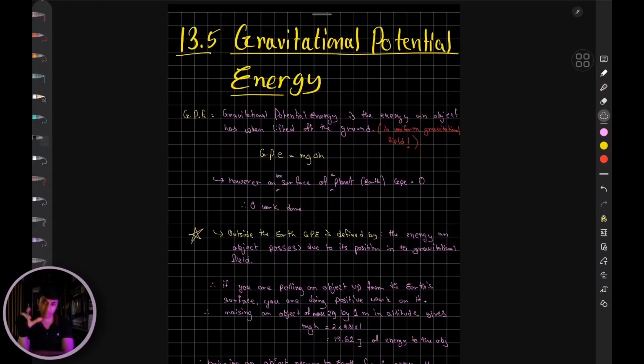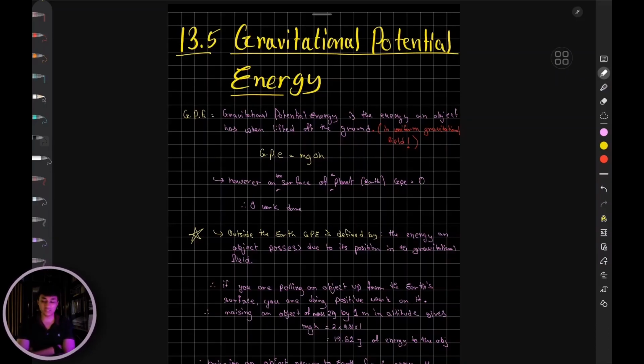I talked about this in the previous video, where the height is so small compared to the radius of Earth that it does not change the ultimate value of force. Which is why you can use this formula for positions that are close to the surface of Earth. In those cases, it's not going to change your gravitational potential energy.